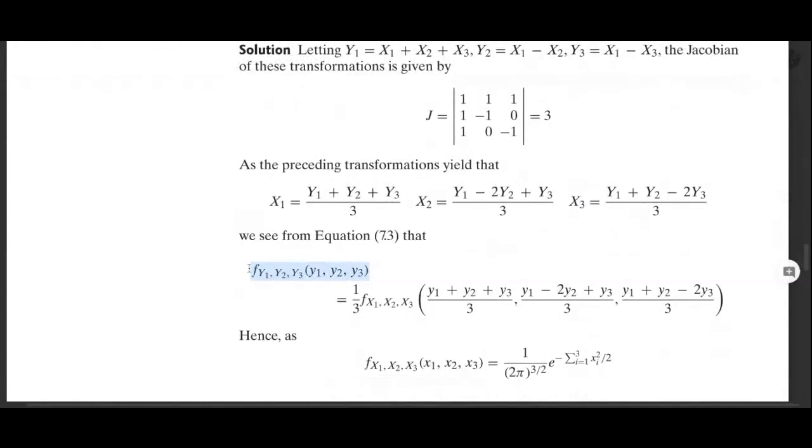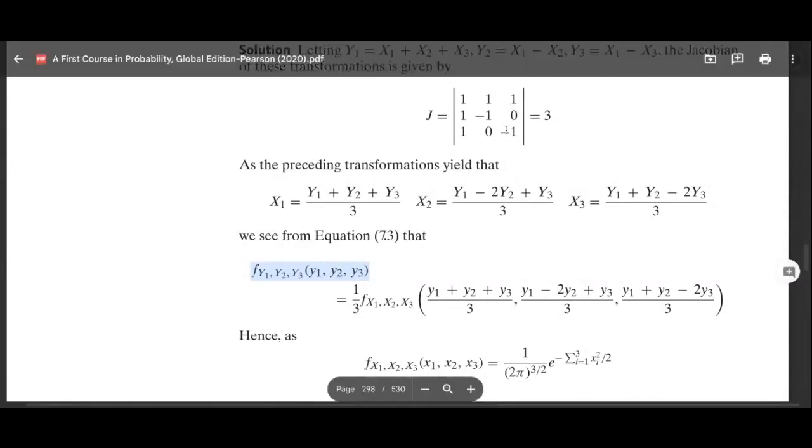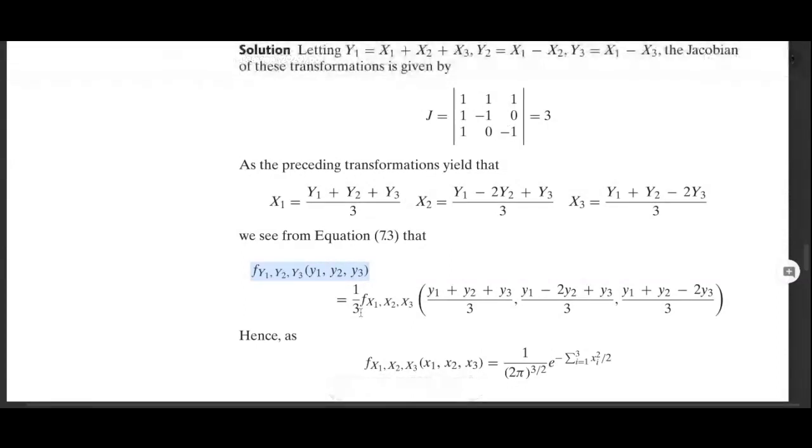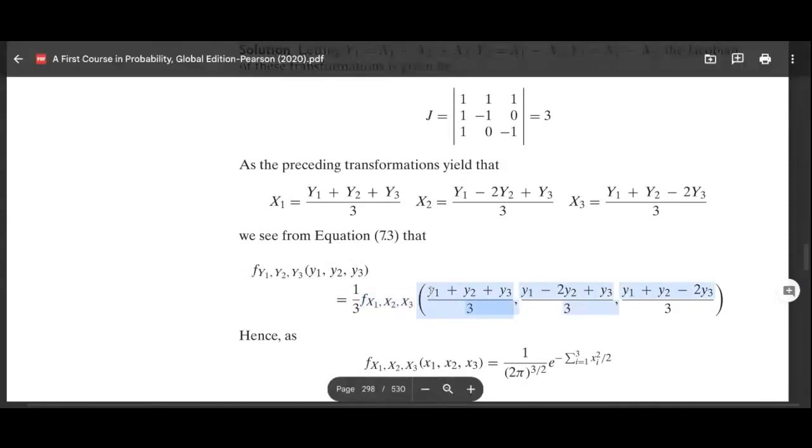So we just write the joint density function as this. It's 1 over the Jacobi, 1/3, times the joint density function of x with these new variables, right? So this is changing of variables. That's how we change the variables.